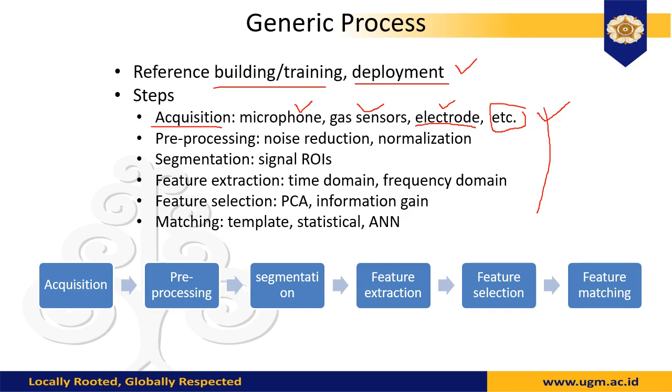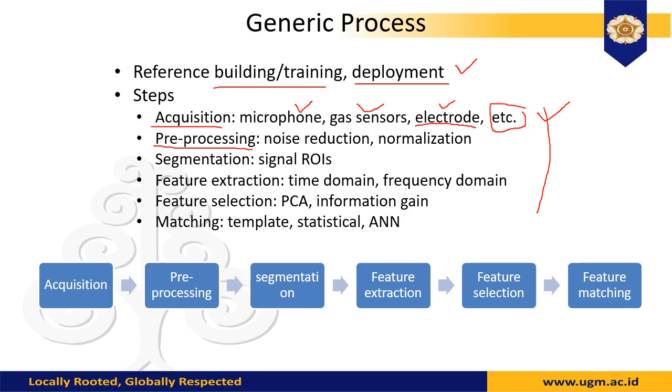Then we have the pre-processing. So once we have the digital signal, then we could pre-process the signal. At the end of the acquisition, we will convert the signal into a digital signal, and there is a sampling and quantization process which we will discuss shortly after this. Then we pre-process the signals. We could reduce the noise.